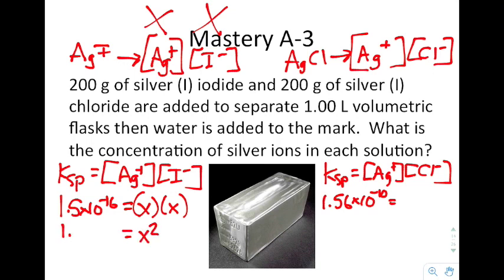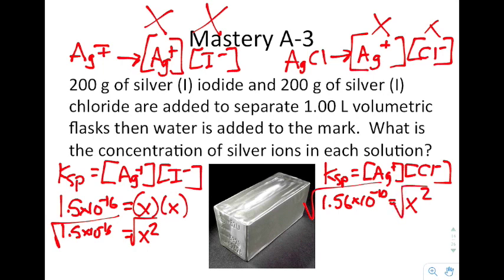I have 1.5 times 10 to the minus 16th is equal to x squared. So I can easily solve for x squared by taking the square root of both sides. For 1.56 times 10 to the minus 10th, I can easily say, okay, for every one of these, there's one of those, so you get x squared as well. Take the square root of both sides, and that will tell you the solubility of each.